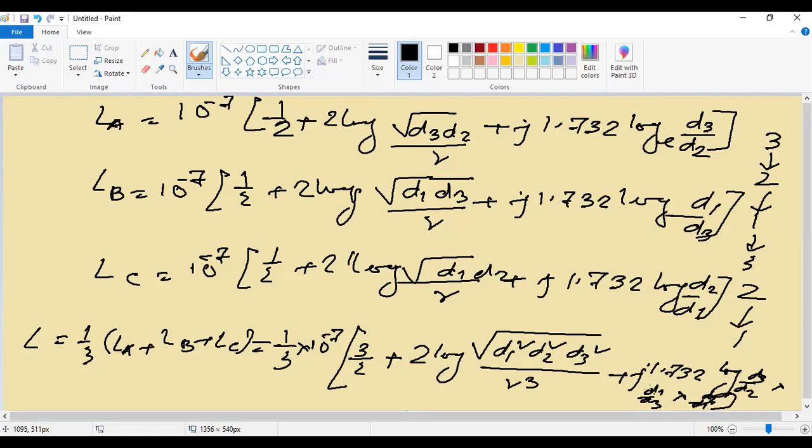Now you see this all will cancel. Yes or no? Yes, sir. So this term is log of 1, so that means this term will be 0.